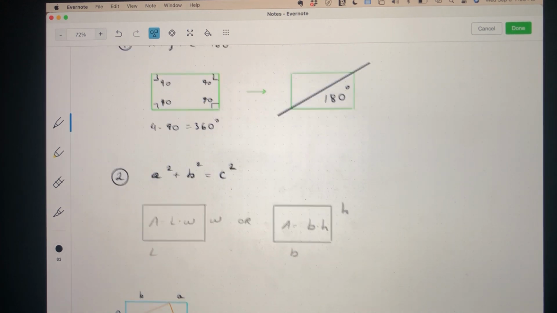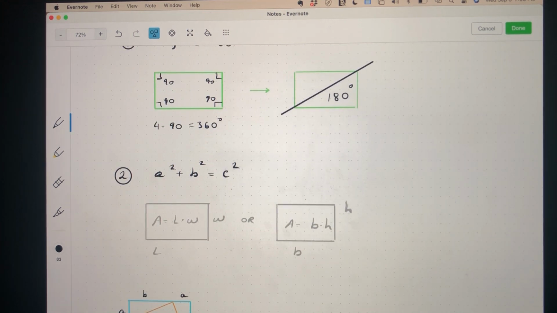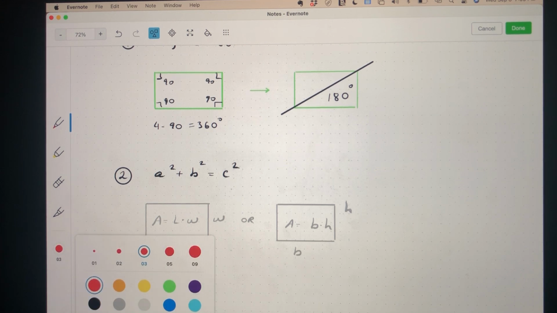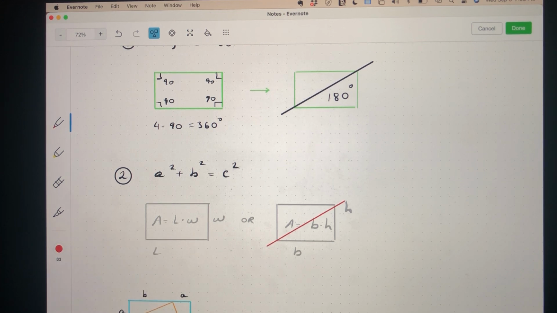And if we cut that in half, then the area of any right triangle is half of the base times height. And we will use this fact in our justification of the Pythagorean theorem.